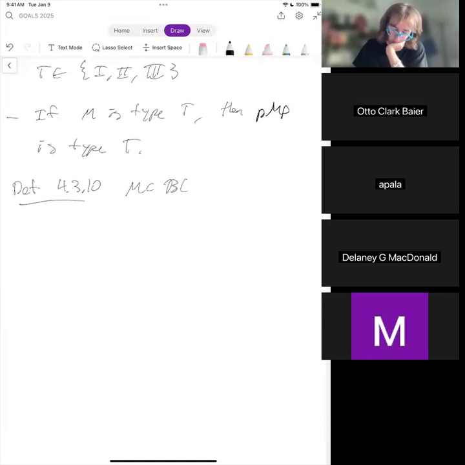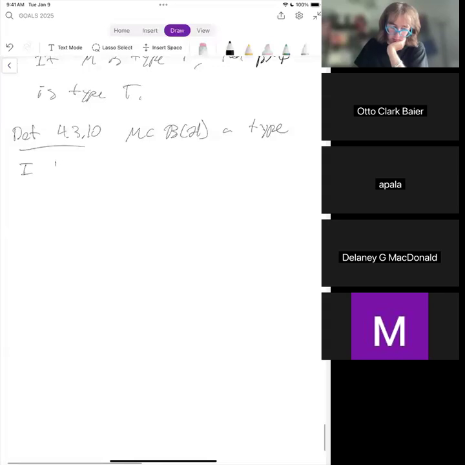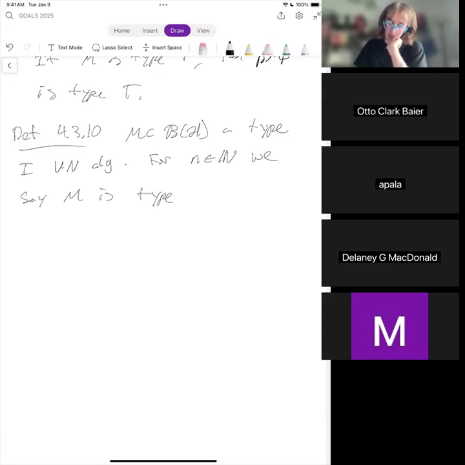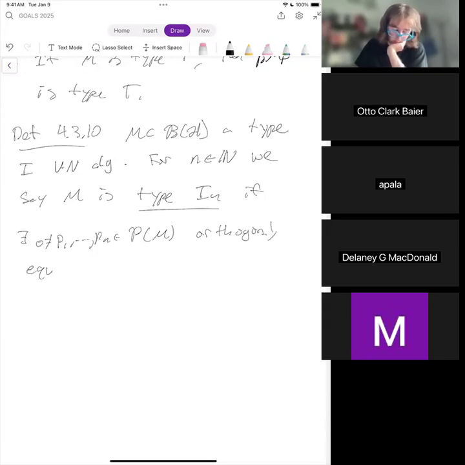So if we assume that M is a type 1 von Neumann algebra, then for any natural number n, we say M is type 1n if there exist non-zero projections that are orthogonal, equivalent and abelian such that they sum up to 1.